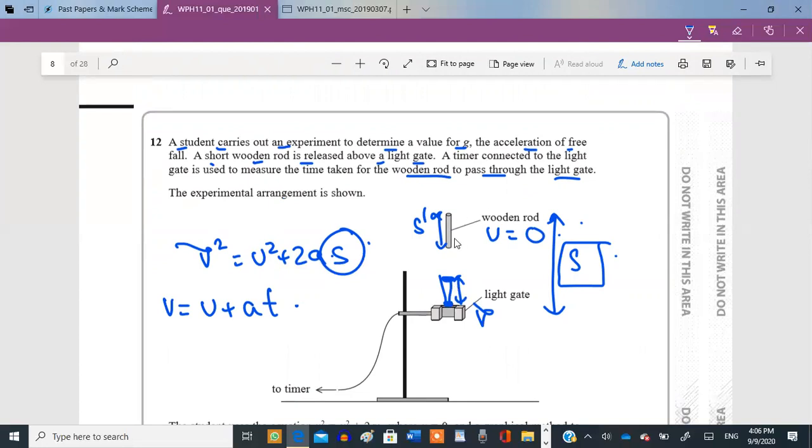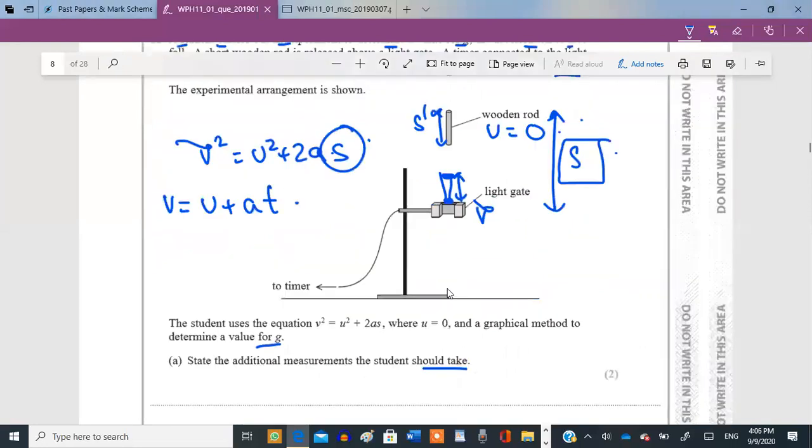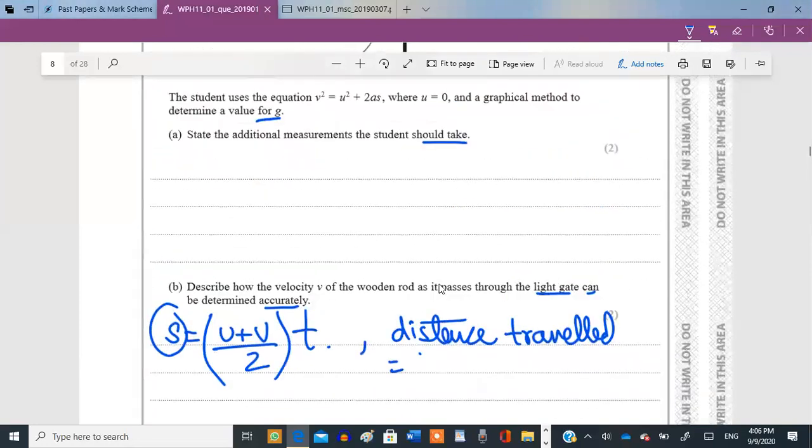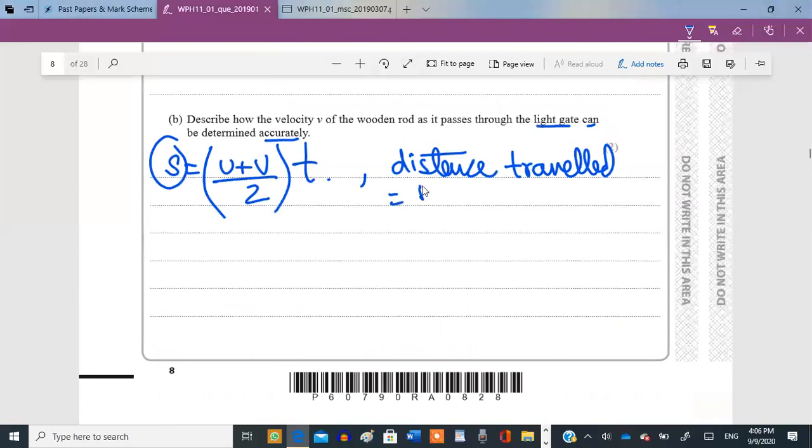The distance the rod has actually traveled is the distance from the rod to the light gate minus the length of the rod.